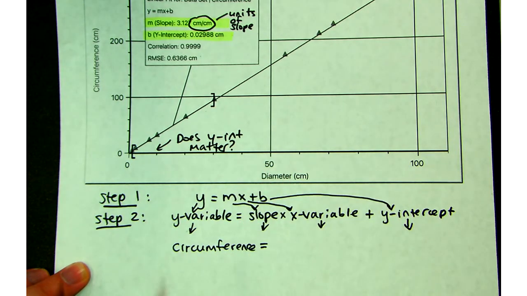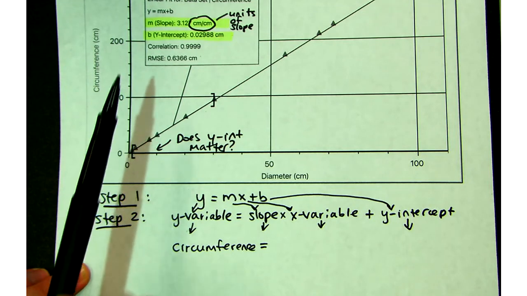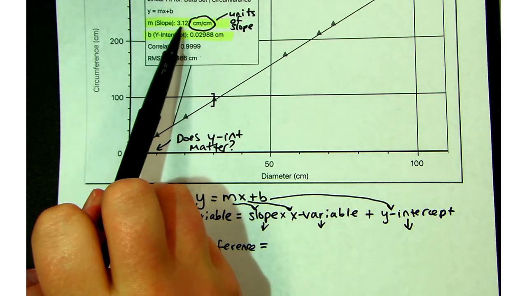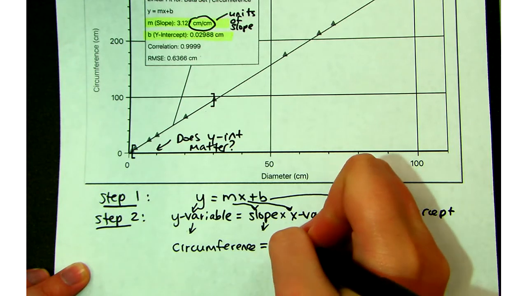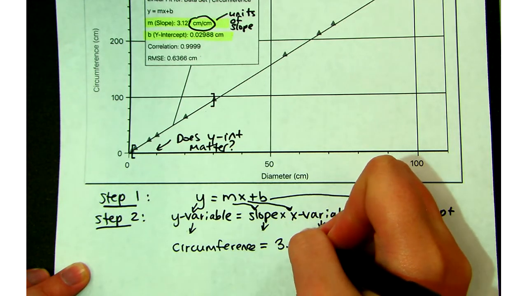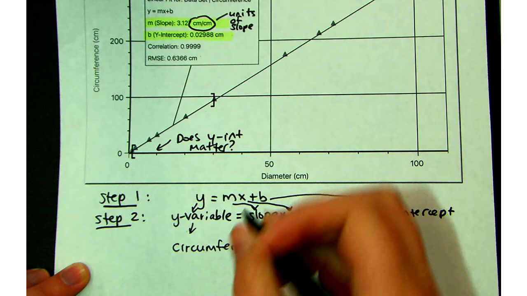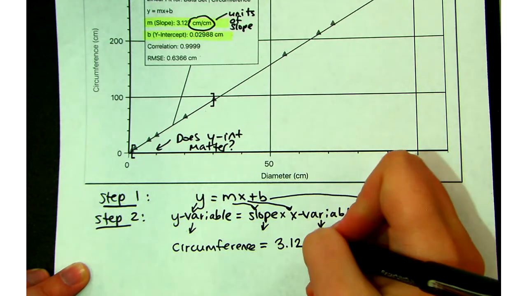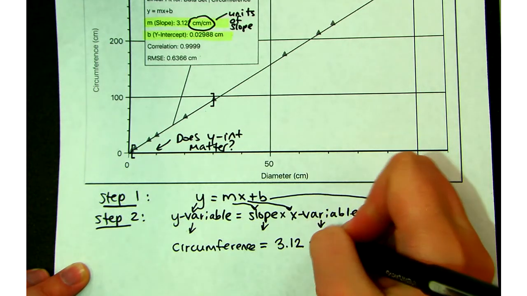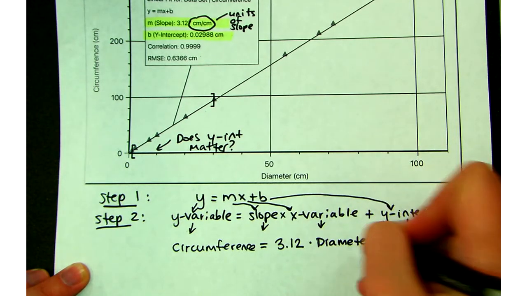So I have 3.12 times the x variable. I'm going to use a dot instead of an x, just so it doesn't get mixed up on here. My x variable is diameter, plus my y-intercept, which is 0.02.